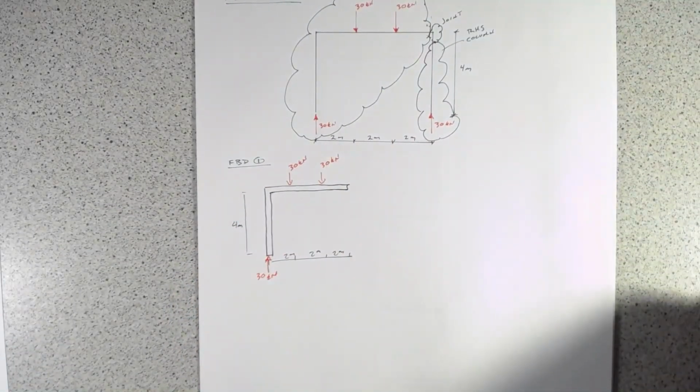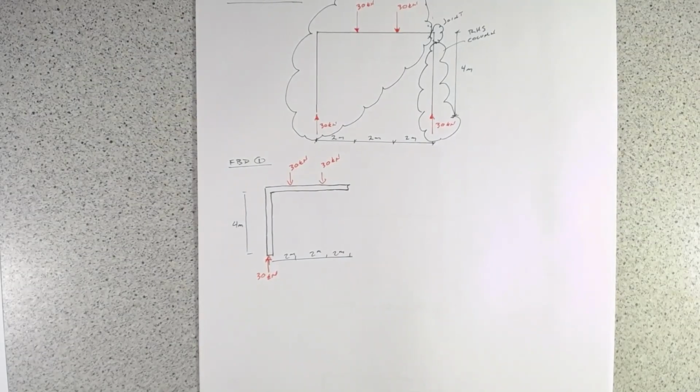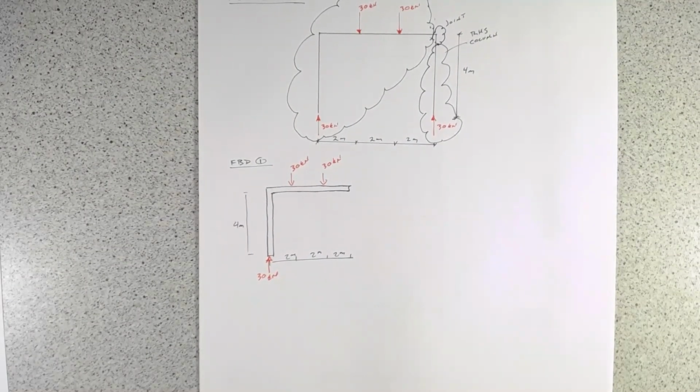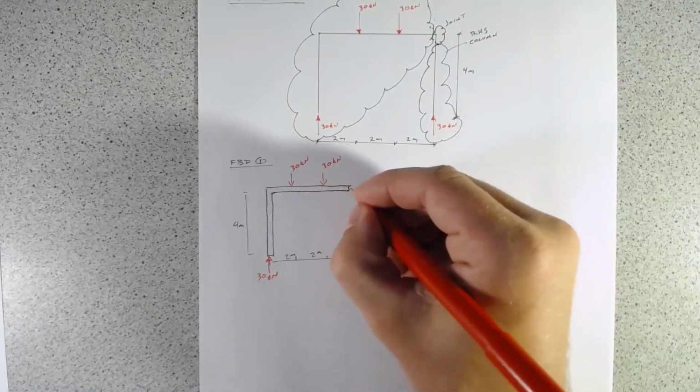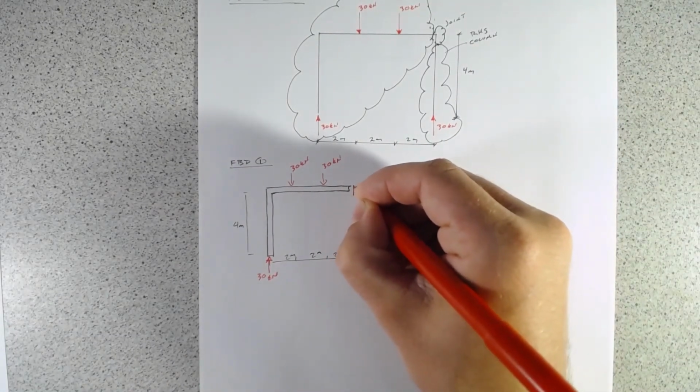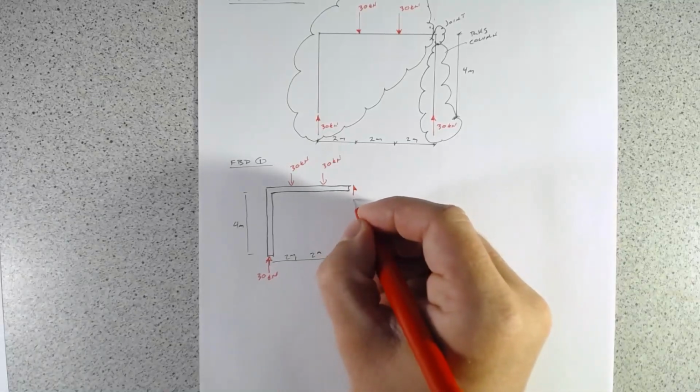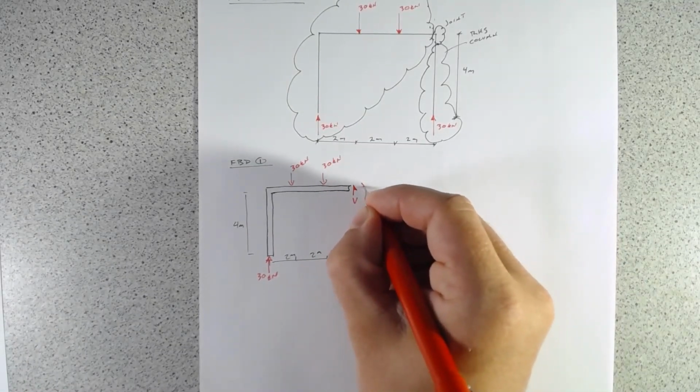This is 4 meters tall, and anytime that we make a cut on an element, we expose the internal forces and actions, and so it's going to have some shear force, V. It's going to have some moment.